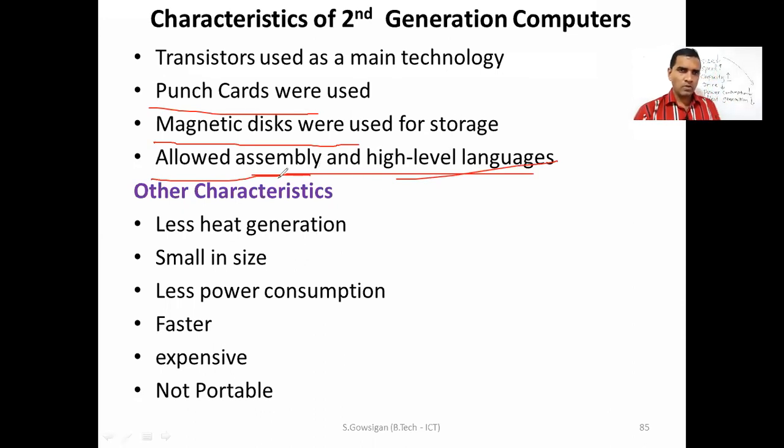In assembly language, they used some small words, but we call them symbols, in order to write programs. For example, for addition, they use a small word like ADD. This is called a symbol. For subtraction, they use a small word like SUB.